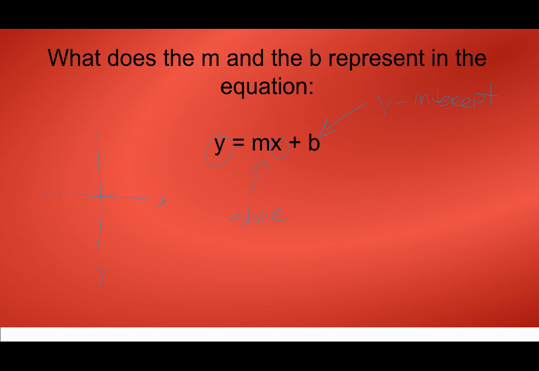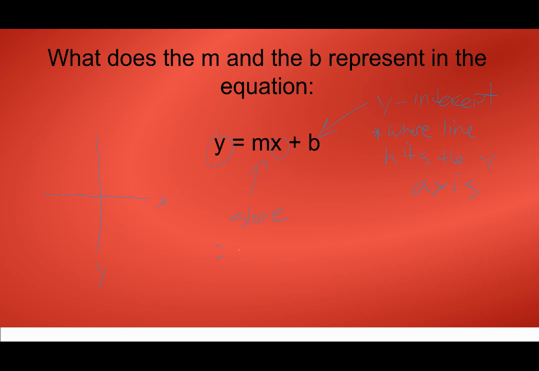Let me just erase this. The y-intercept is where your line hits the y-axis. It looks like I'm spelling the word they. The y-axis. And the slope, it's the rate of change.